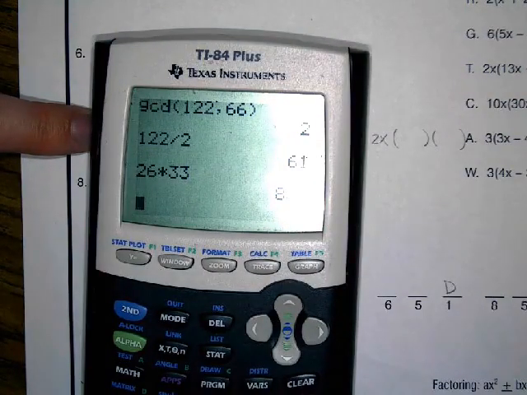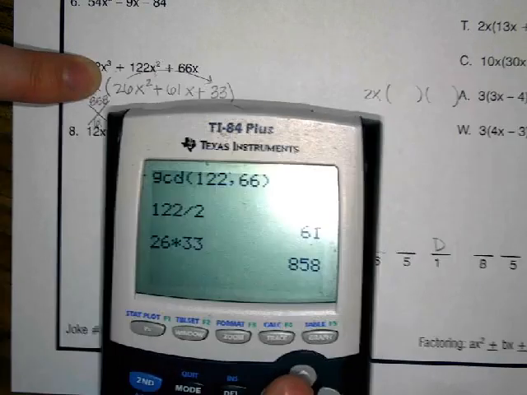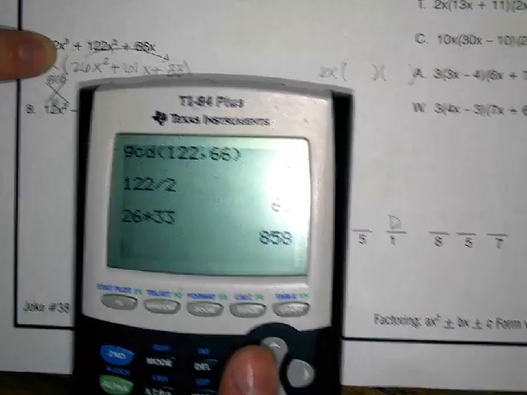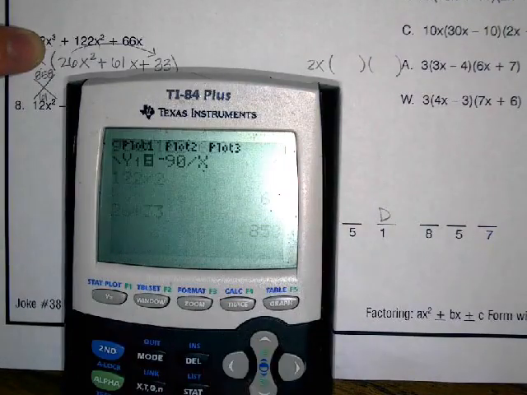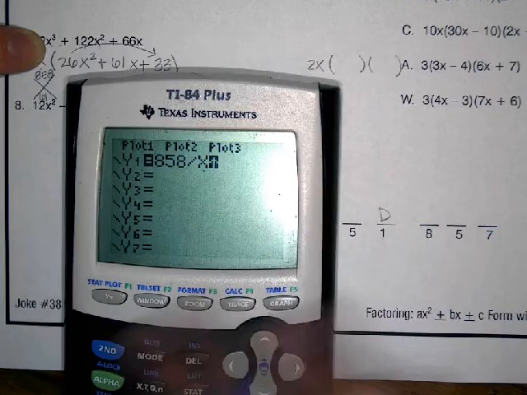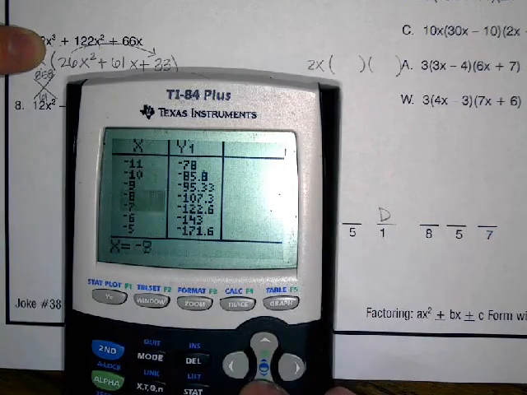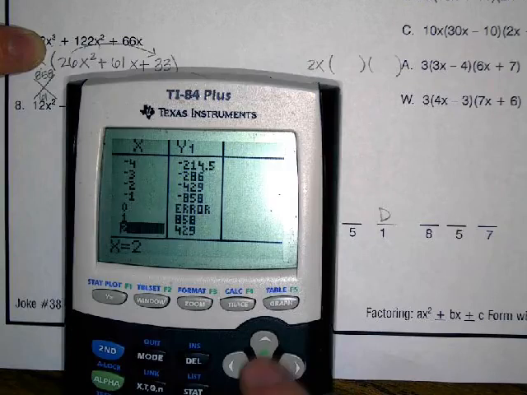So what should I be typing on my calculator? Y equals screen. 858 divide by x. And then second graph. And these are all negative, so I'm going to go to the positive side. I want to add up to 61. These are adding up into the hundreds. That's way too big.